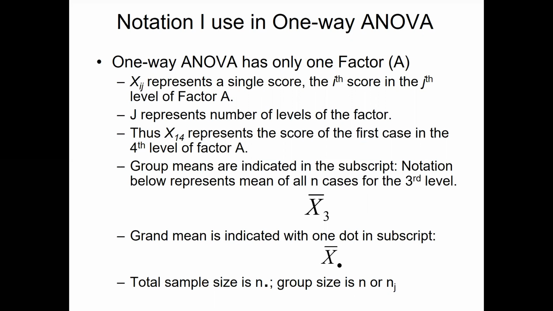So if you put all the faculty in the School of Education in the 50-degree setting, you put all the faculty in the humanities in the 70-degree, this is a lousy research design, but whatever. And all the faculty somewhere else in 90 degrees, and you tested their concentration. Concentration is the dependent variable.